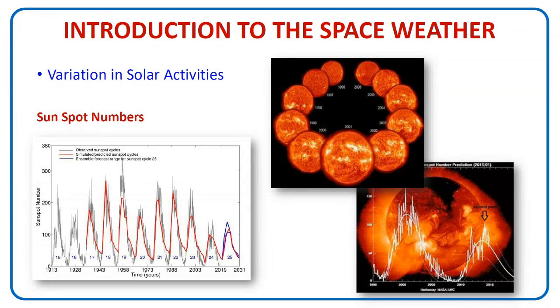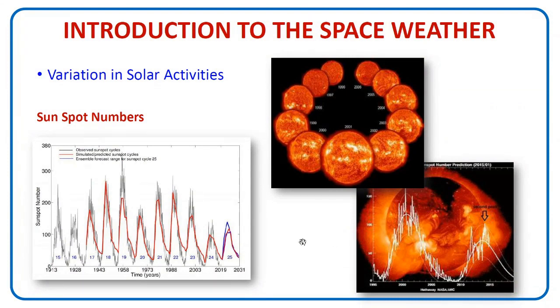Also, when the activity is less, we will see the sunspots appearing at higher latitudes of the sun near the poles, whereas as the activity increases, they will move towards the equator. Okay.